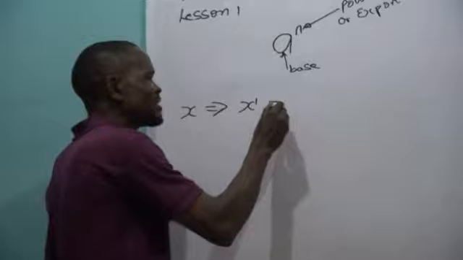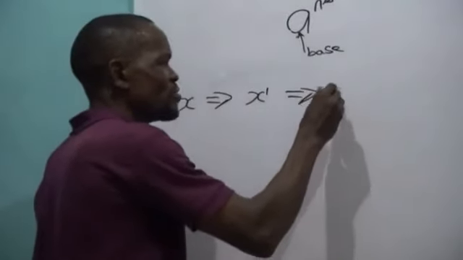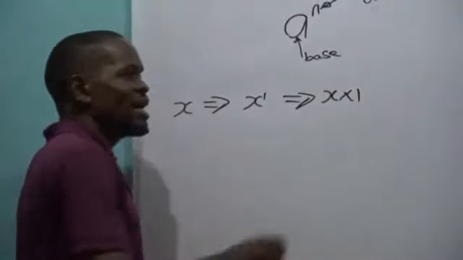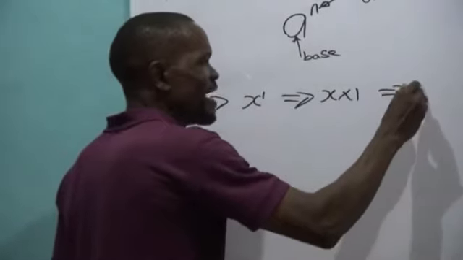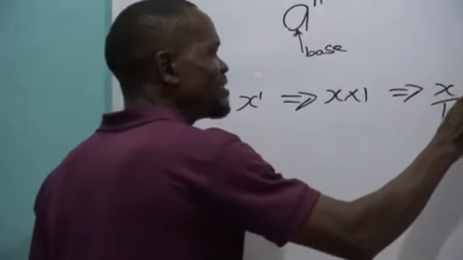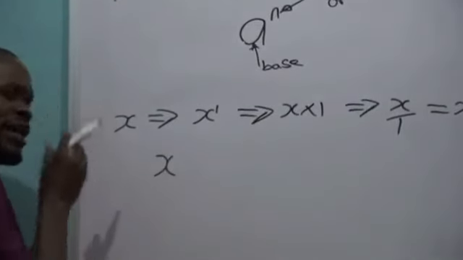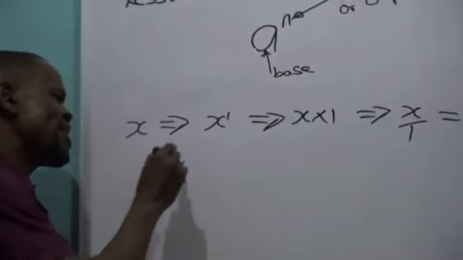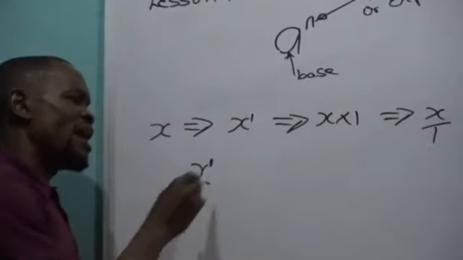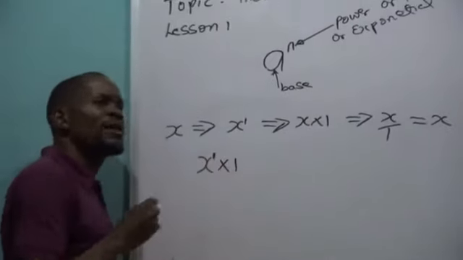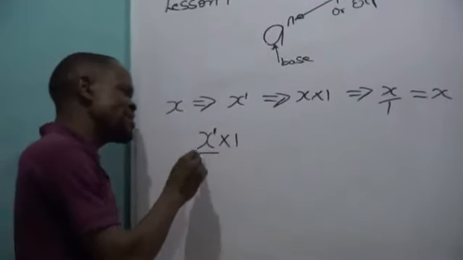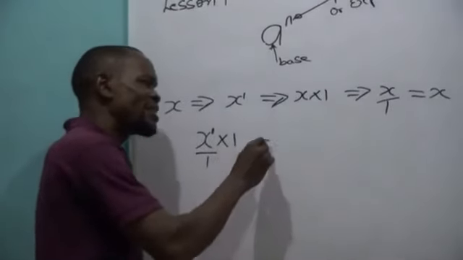And this same x is multiplied by 1. And this same x is divided by 1. And the answer is what? x. Therefore, if I write x like this, inside my brain, I know that this x is raised to power 1, multiplied by 1, and divided by 1. And the answer is what?